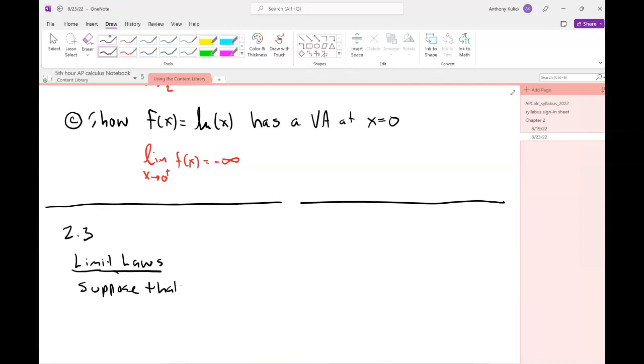So suppose that we have some n's and c's that are real numbers, and we'll call these our constants.